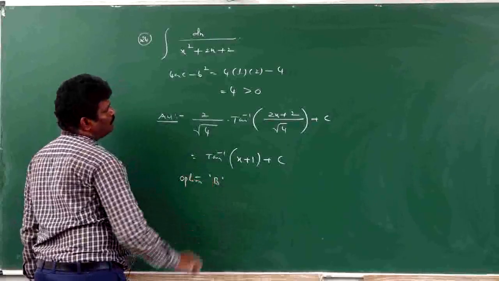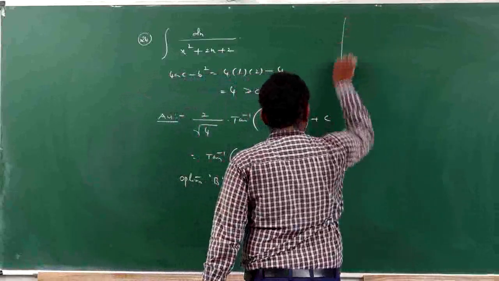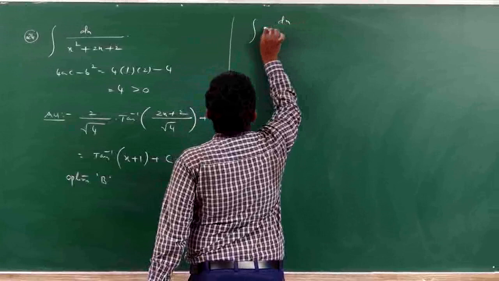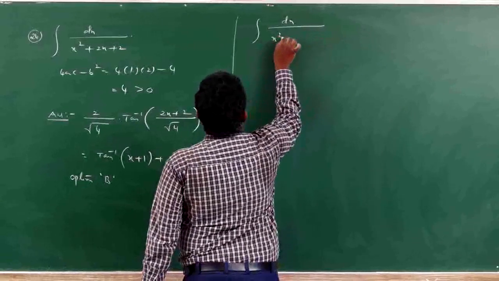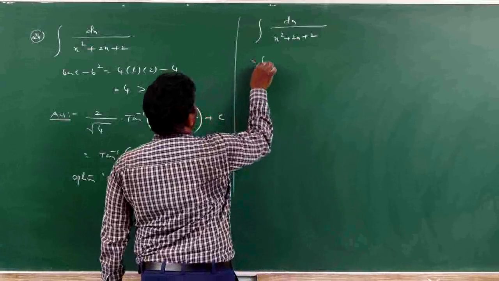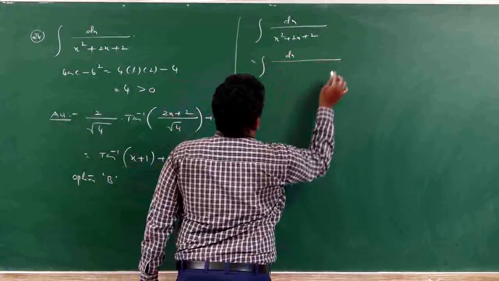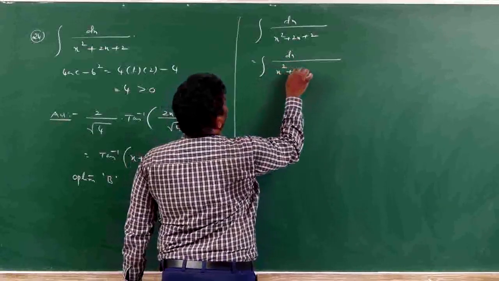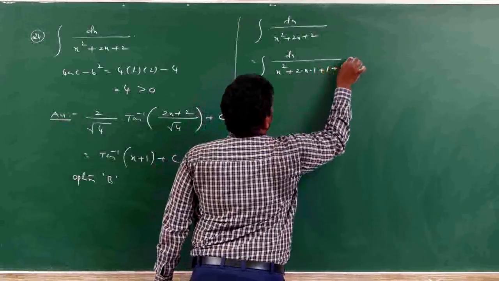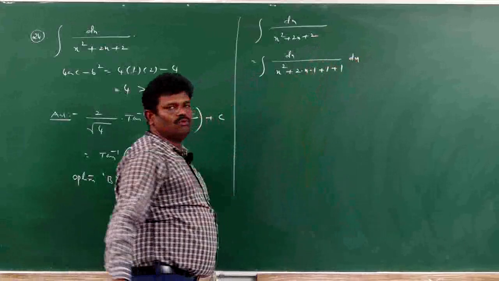Otherwise, if you want a general method, what do we do here? Integral dx by x square plus 2x plus 2. Find the factors: integral dx by a perfect square, x square plus 2 into 1 plus 1 dx, splitting 2 into 1 plus 1.